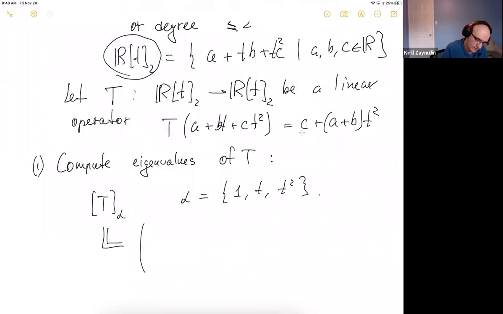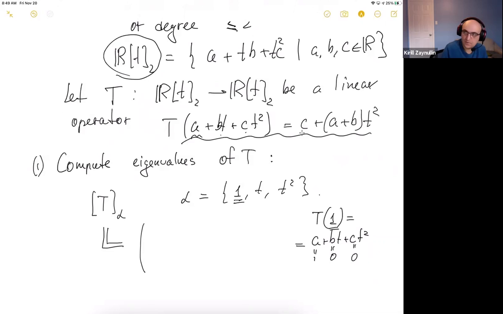Say first we take 1. Then we apply our T and see which vector we get. If you substitute a equals 1, b equals 0, and c equals 0 into a + bt + ct², that's exactly 1.